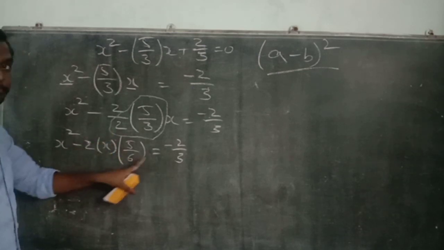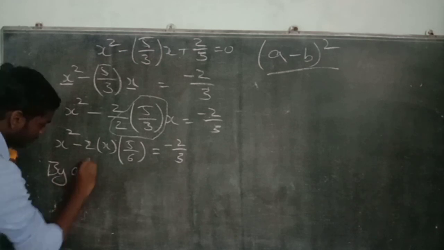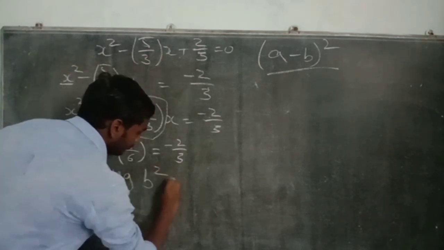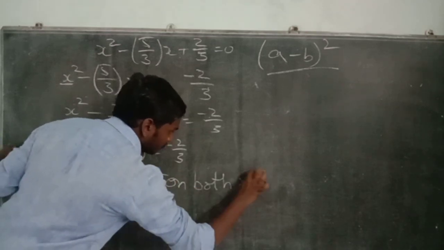By adding b square on both sides, what are we doing? By adding b square on both sides.